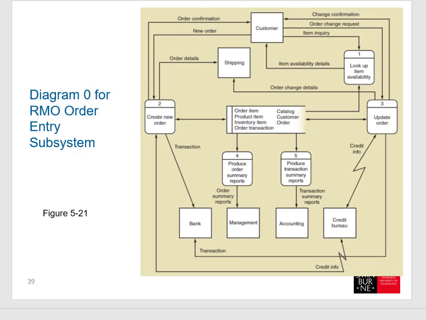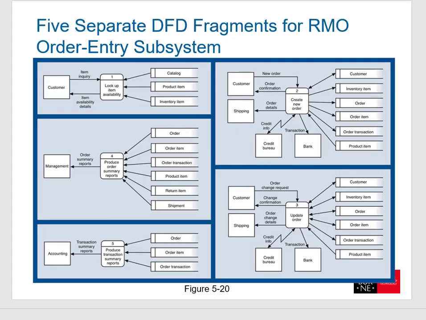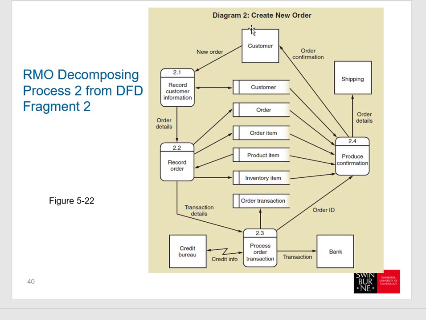And then if you go through your fragments in a little bit more detail, you can see the level 2 diagram or level 2 fragment, create new order, a bit complicated because you can see there are lots of processing and information flows in and out from the system, right? So the analyst has developed this level 2 diagram, which breaks that process down into lower level processes.